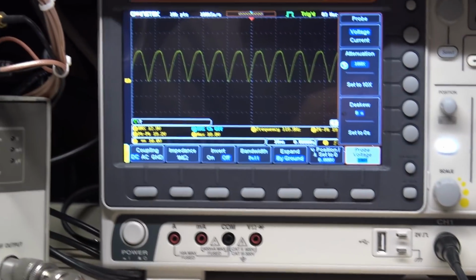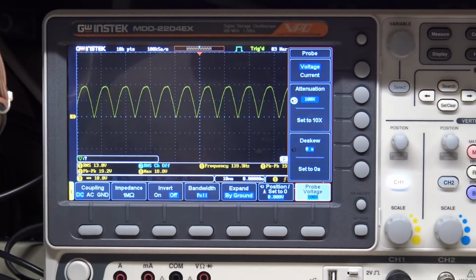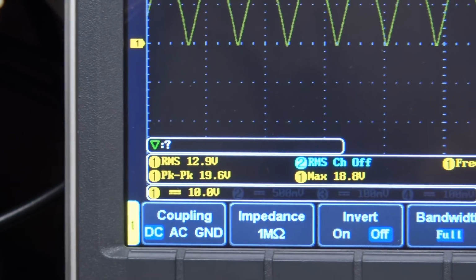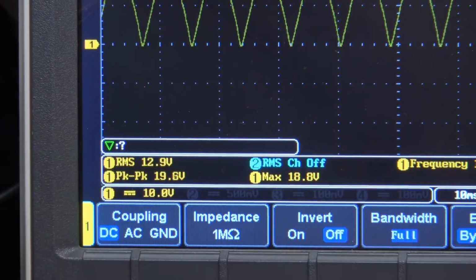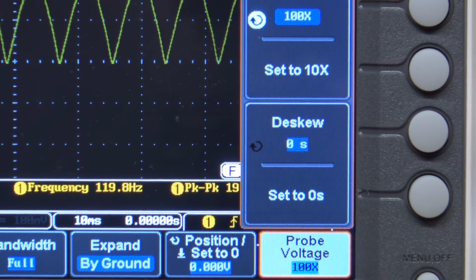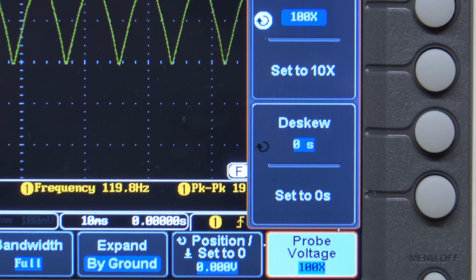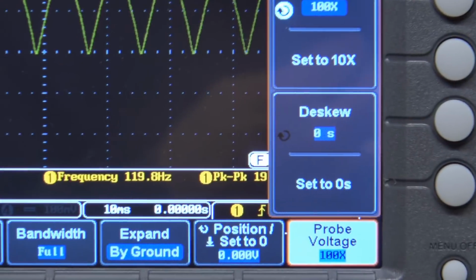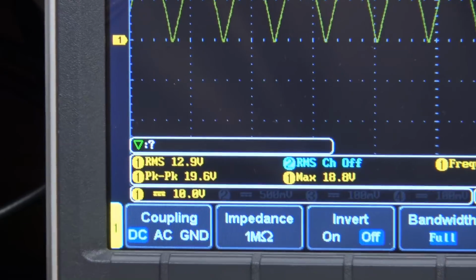And if we look up here, once again, if I zoom in, this is reading 12 volts RMS, because once again our meter is not taking into account the offset. So that's showing the non-offsetted. Okay, it's not taking the offset into account, and this one is.